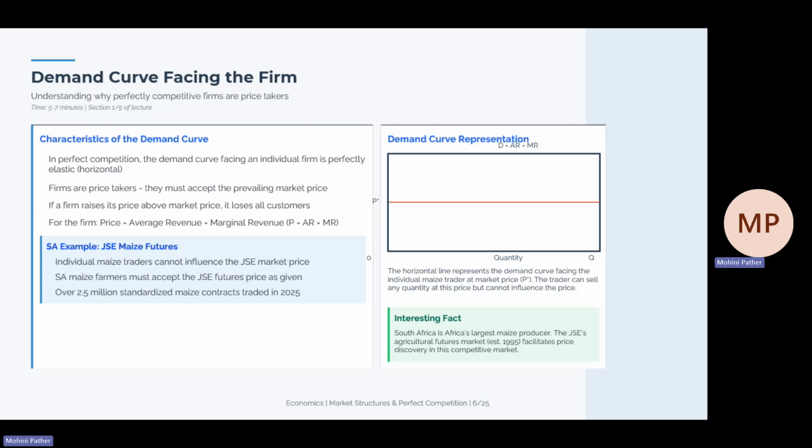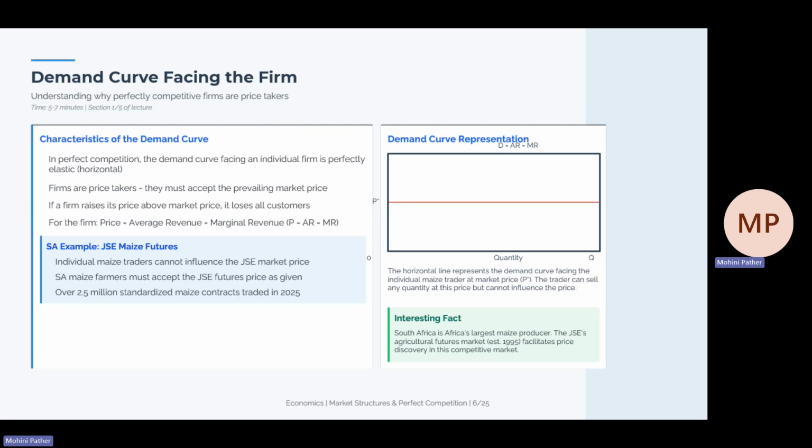All the firms are price takers, they have to accept the prevailing market price. If a firm does raise their price above this market price, they lose all of their customers. Okay, so there is an infinite change in quantity given a change in price. So for the firm, price equals your average revenue, which equals your marginal revenue.